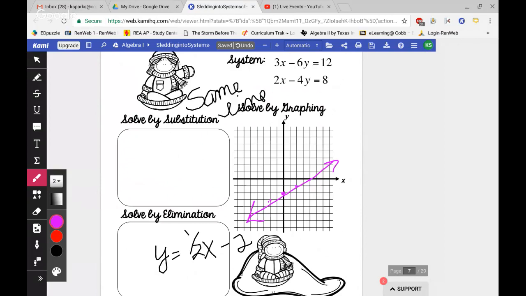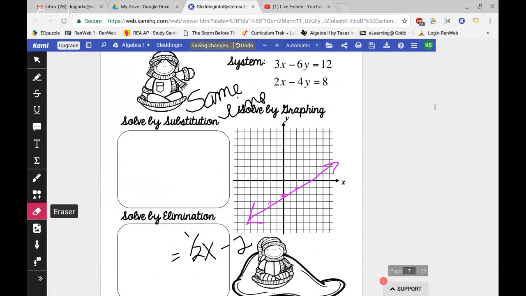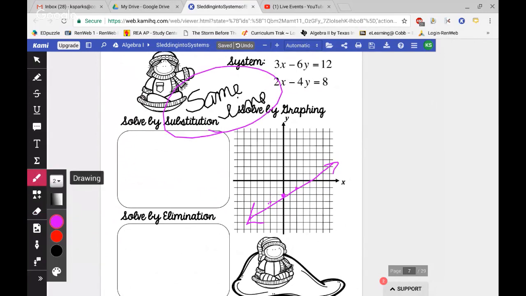One positive, or one negative in order to get a positive. But here's that line, and it's the same line. So I don't have to graph both equations because they're the same? Yeah, because it would be the exact same because they both had the y-intercept of negative 2. So when it's the same line, you only graph the one.